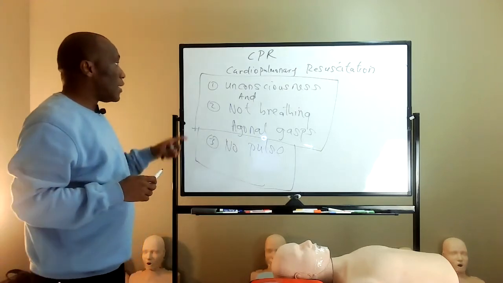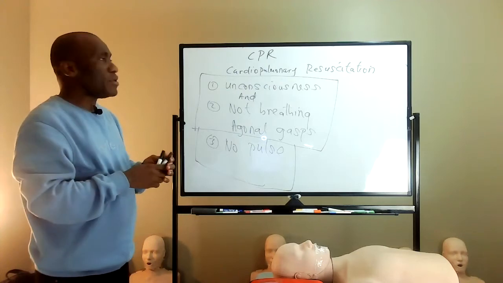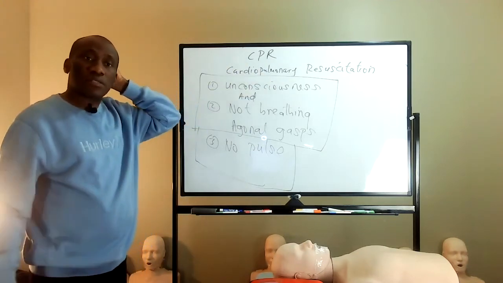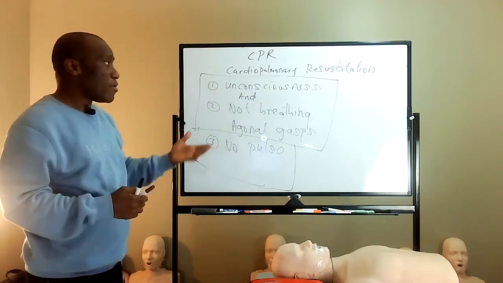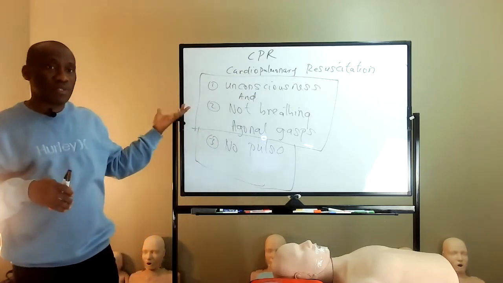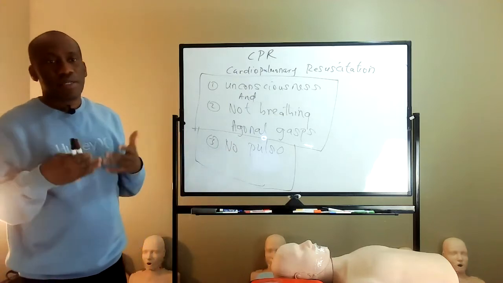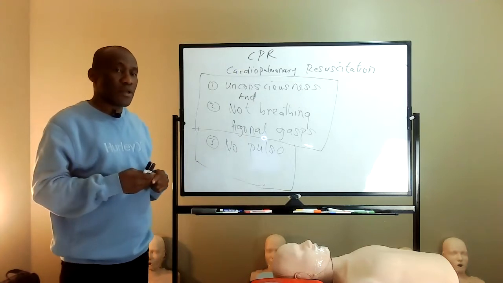Okay, so what could be the reason why somebody's heart and lungs, what could be the reason for those two organs not performing? One of the main reasons why somebody could be in this condition is cardiac arrest. So cardiac arrest is very rampant, okay?